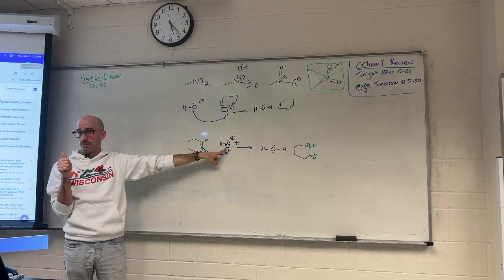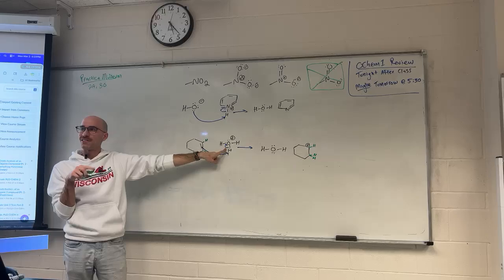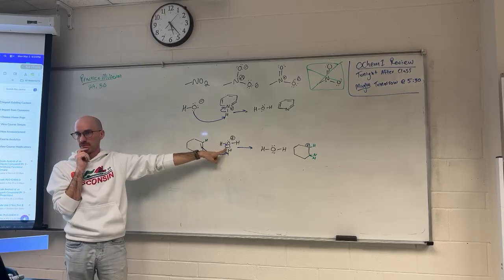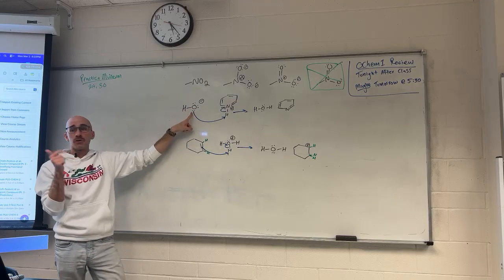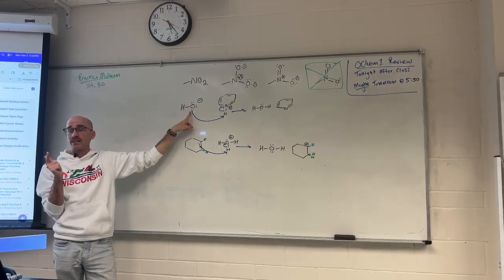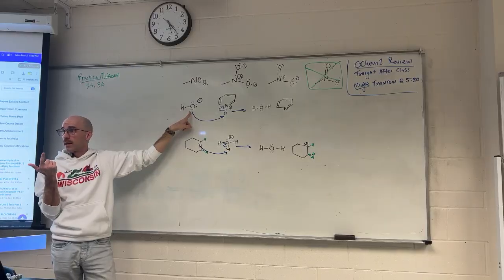when an arrow starts at a bond and points at one of its 2 atoms, bond breaking only. When an arrow starts at a lone pair and points at an atom, bond forming only.